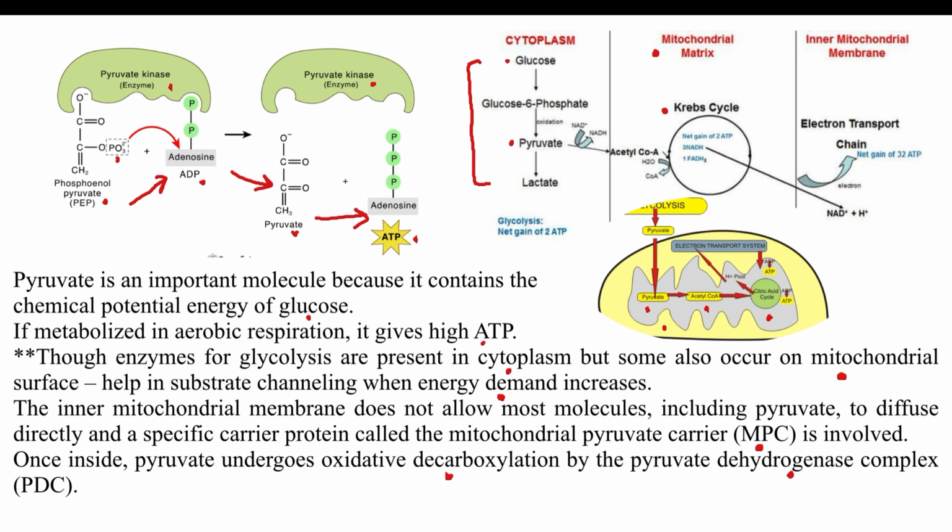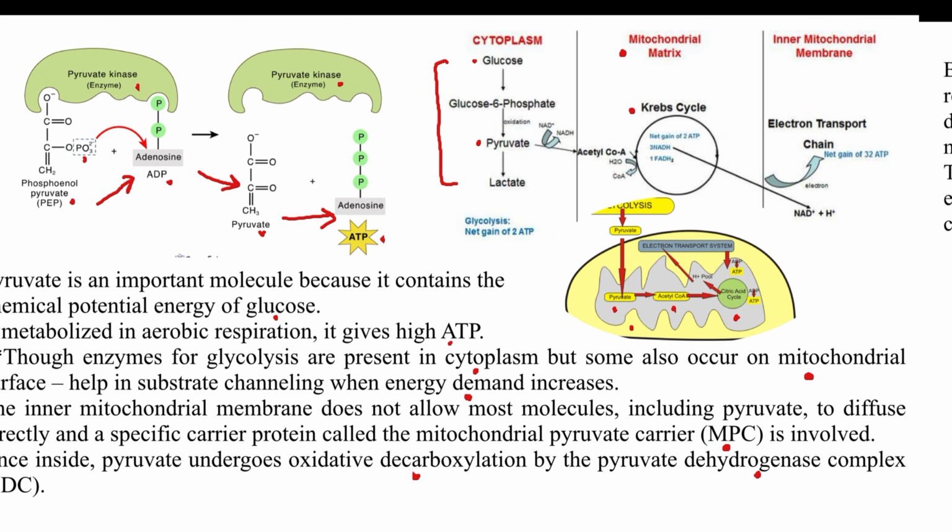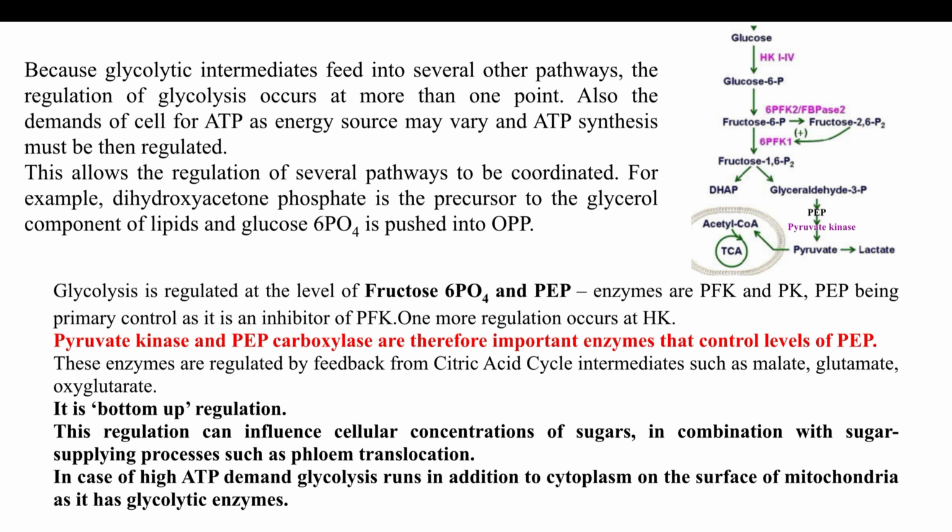Then we should also know that glycolysis is an important process, where we need to know what will happen if too much energy is produced at the end of aerobic respiration, that is, the electron transport chain. What will happen?